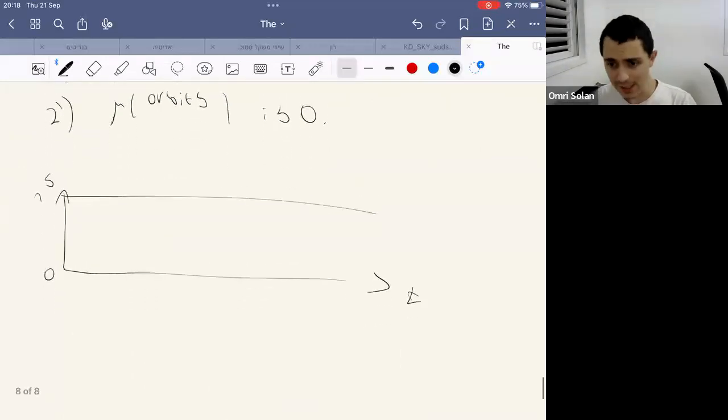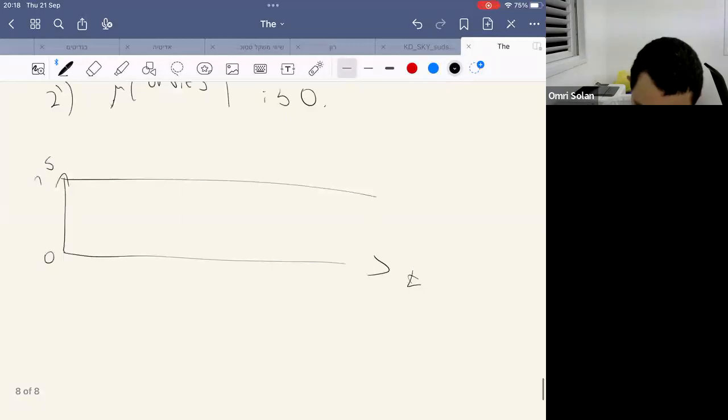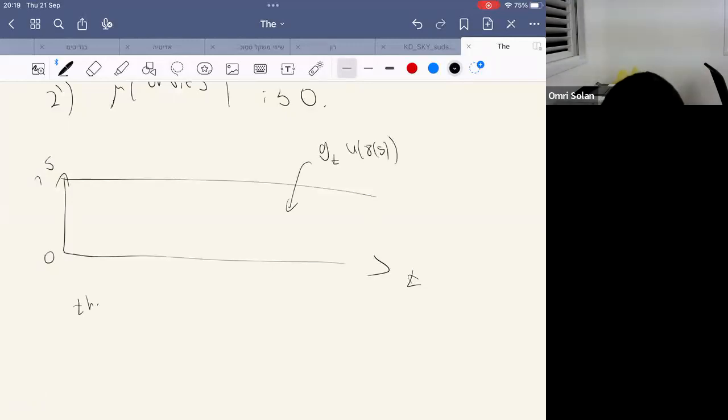So escape of mass, by the Mahler compactness criterion, says that there is some v, and on each point we think of g_t u of gamma of s, in Z to the d plus 1, I think.